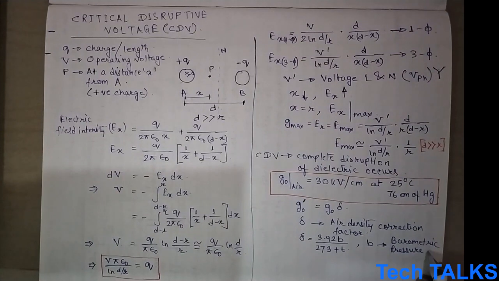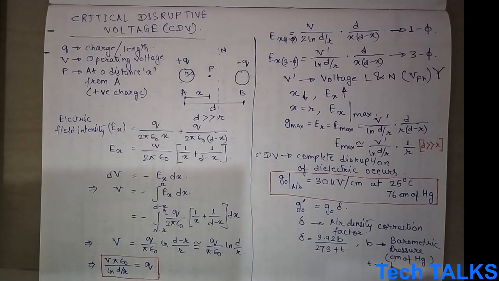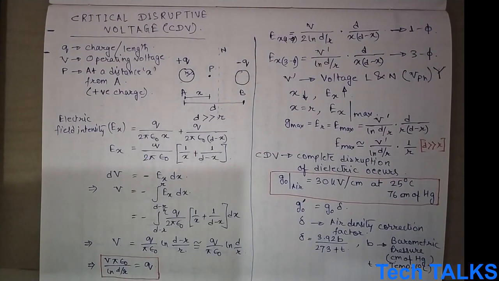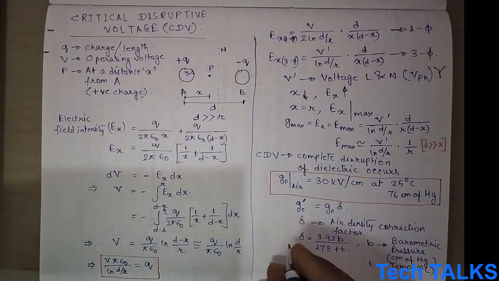Okay, so the critical disruptive voltage is given by V dash equals r G naught delta ln d by r kilovolt.